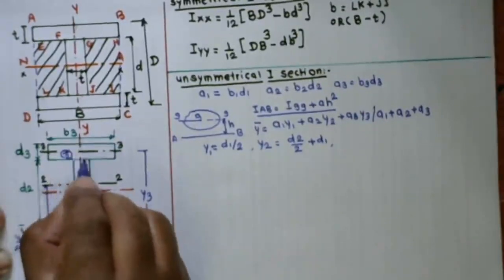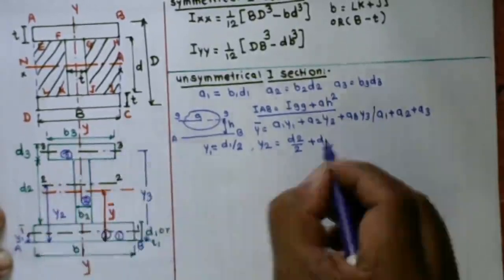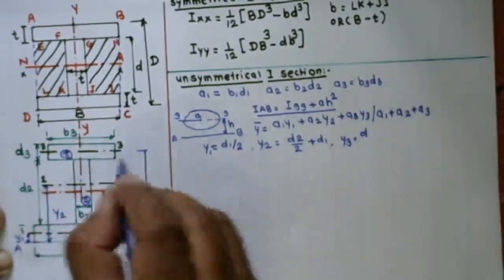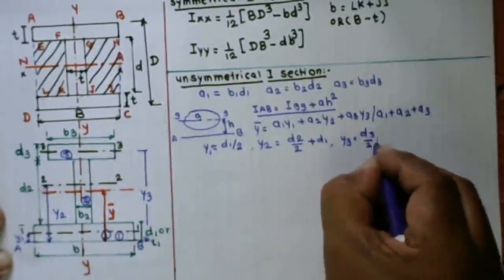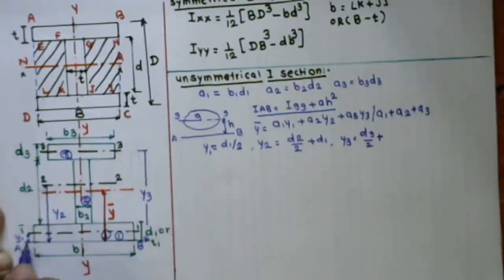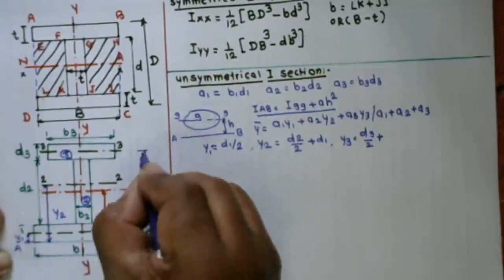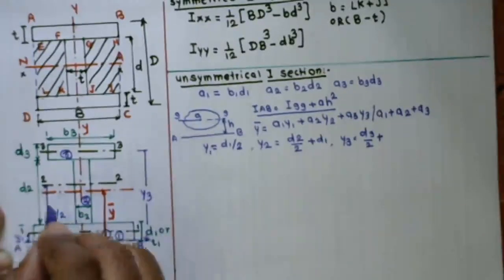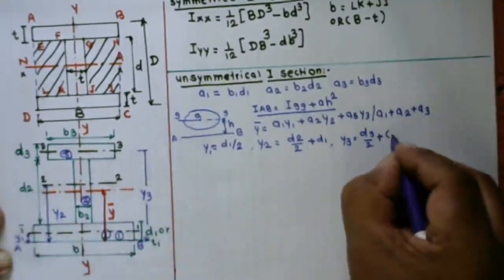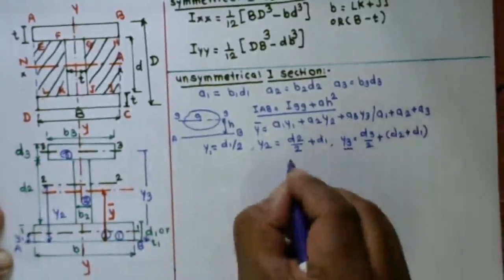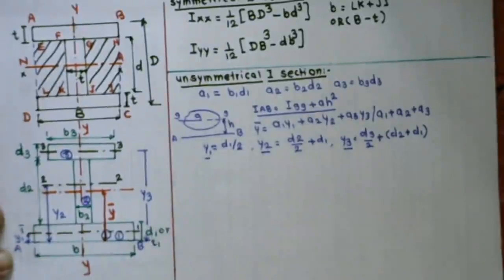First we consider only figure number 3, whose depth is D3, so D3 by 2, plus, since we calculate from AB, the distance D2 plus D1. That becomes distance Y3. In this way, first we have to calculate Y1, Y2 and Y3.